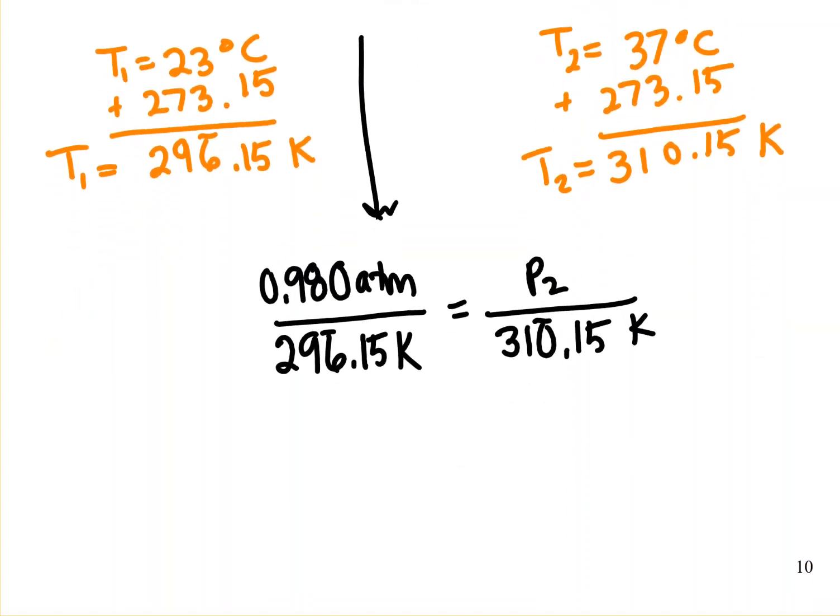Okay, and however you want to do the algebra is fine. What some students like to do is to cross multiply just to get rid of the fractions first. But however you want to show the steps, I'm going to cross multiply, which means top times bottom equals top times bottom.